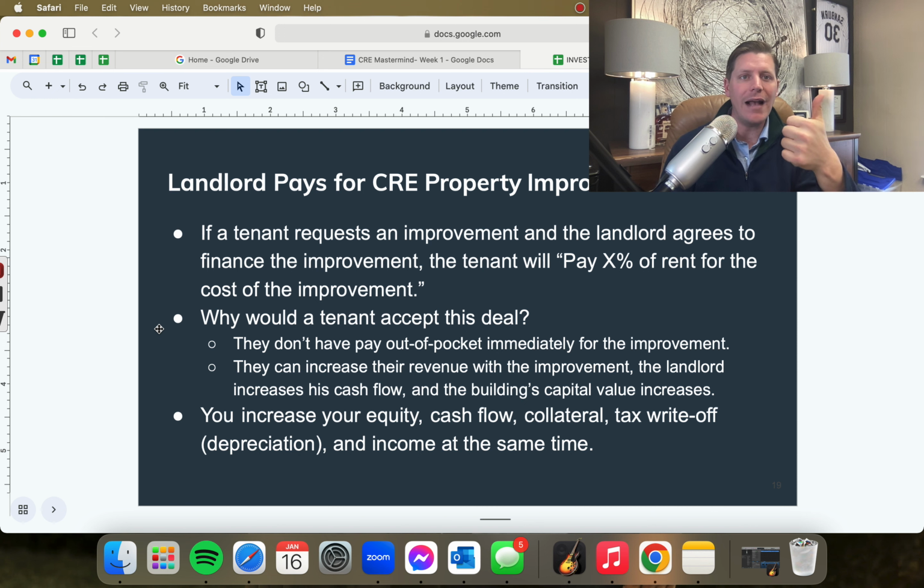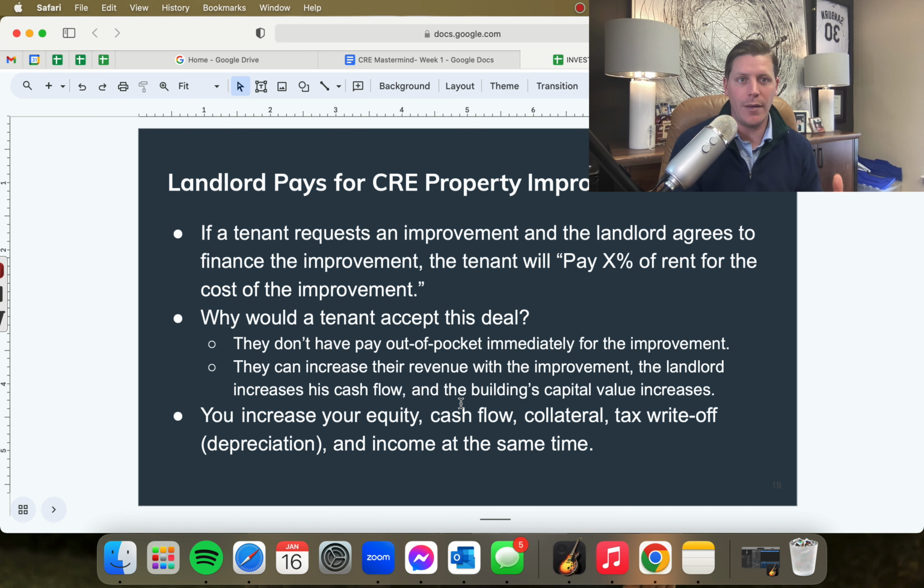The tenant now has the opportunity to increase their revenue from that improvement in the real estate. Hopefully they increase their margins by at least 12% because that's what they're paying me. So they're happy with it. I've improved the real estate. So go to the bottom here. I've improved my equity because I've made the value of the space better. The cash flow goes up because the tenant's now paying me more money.